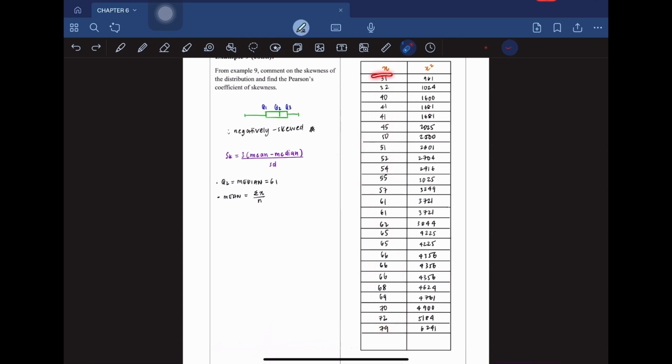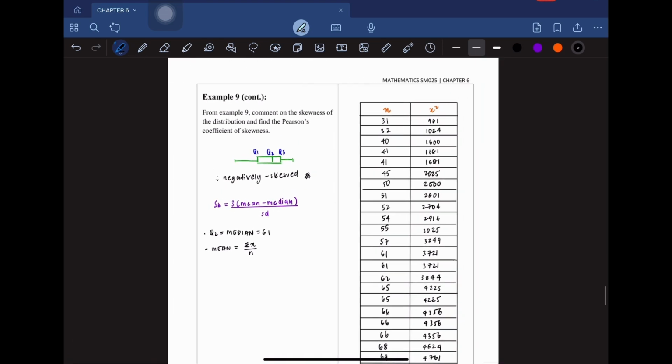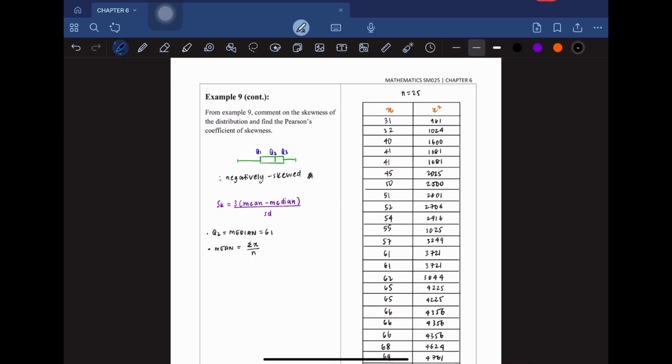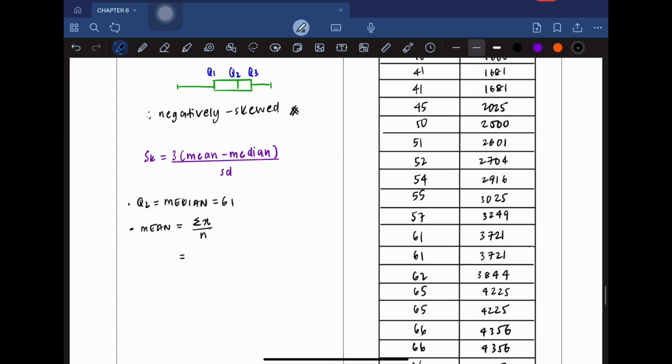We need to sum all of the x, so you get 1419. Then we know that our n is equal to 25, we have 25 data, so I just insert into the formula. So 1419 divided by 25 is equal to 56.76.